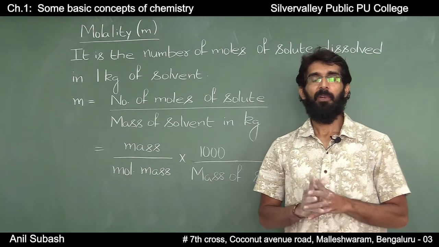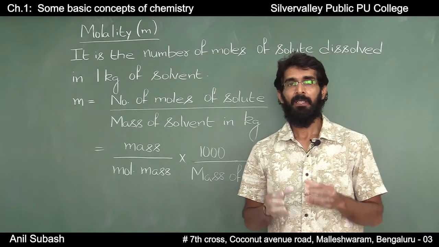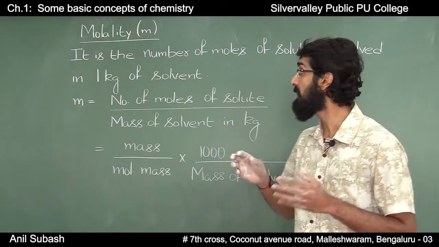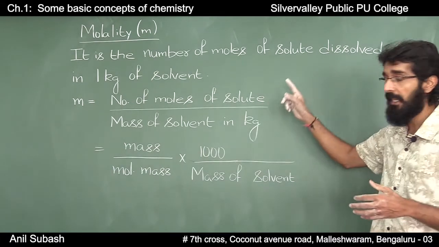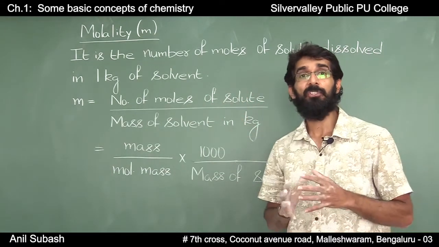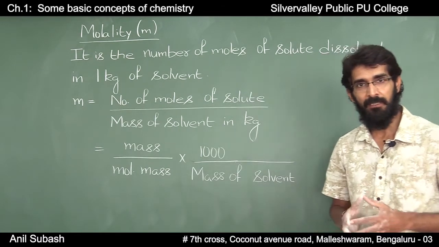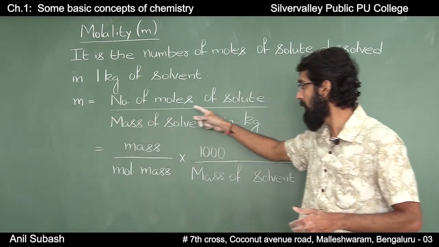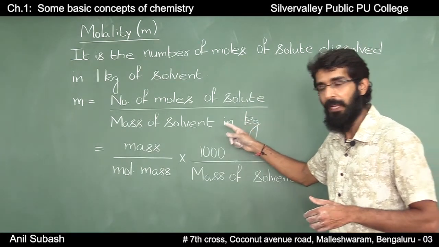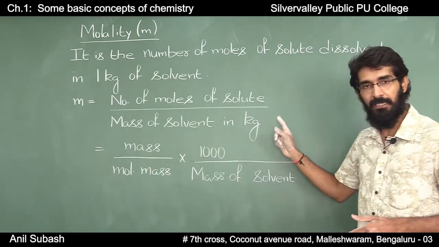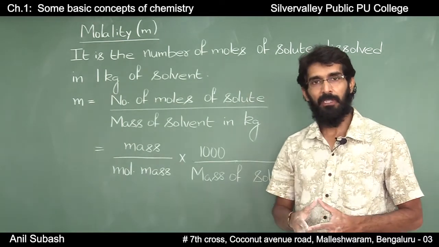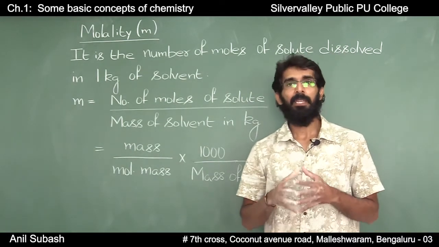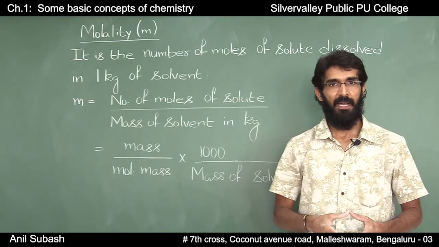Molality. Molality is defined as the number of moles of solute dissolved in 1 kg of solvent. That is, molality is equal to number of moles of solute by mass of the solvent in kg. We all know that number of moles is given by mass by molecular mass.